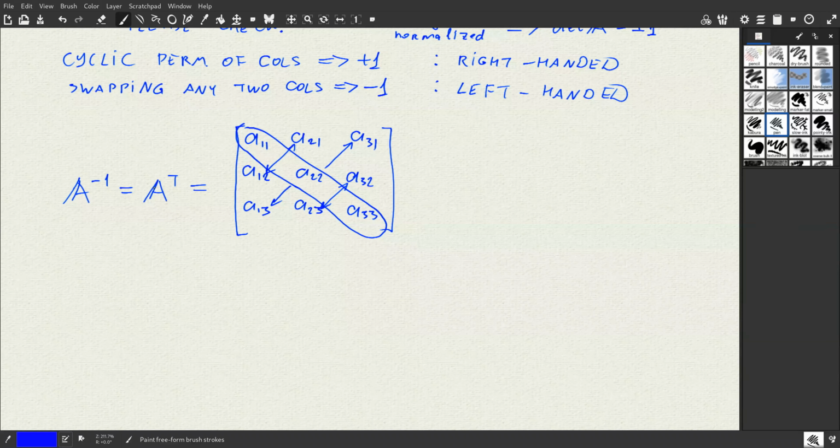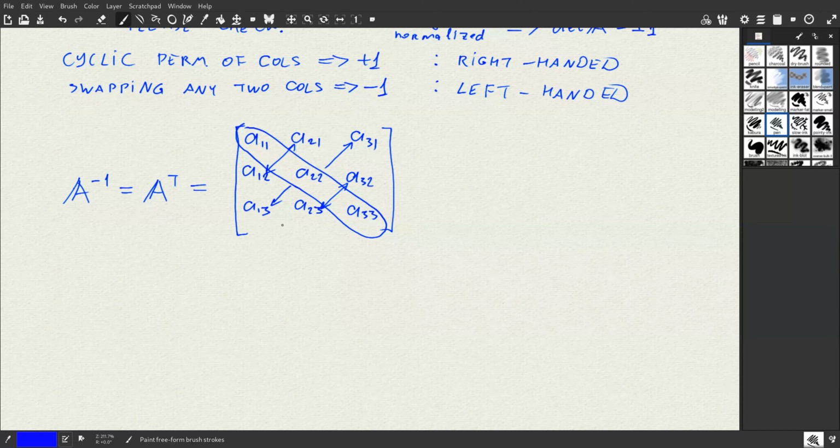How can you prove that A transposed is equal to A inverse in this case? Well, you can very easily see this using our general property of what matrix multiplication is.